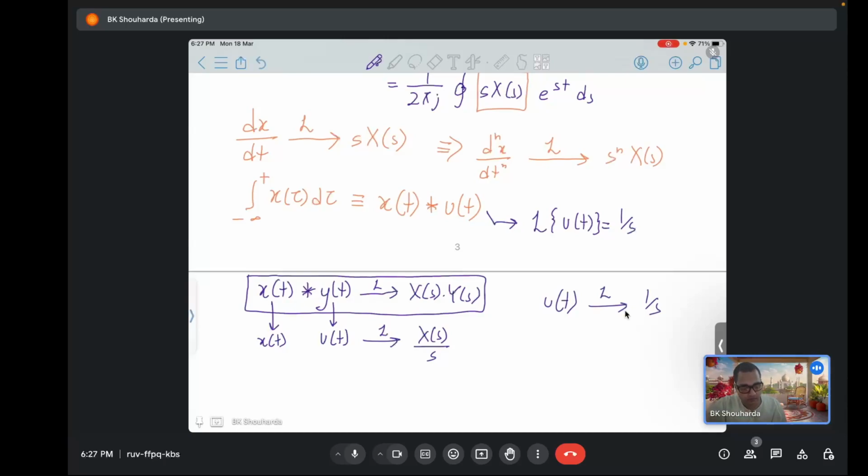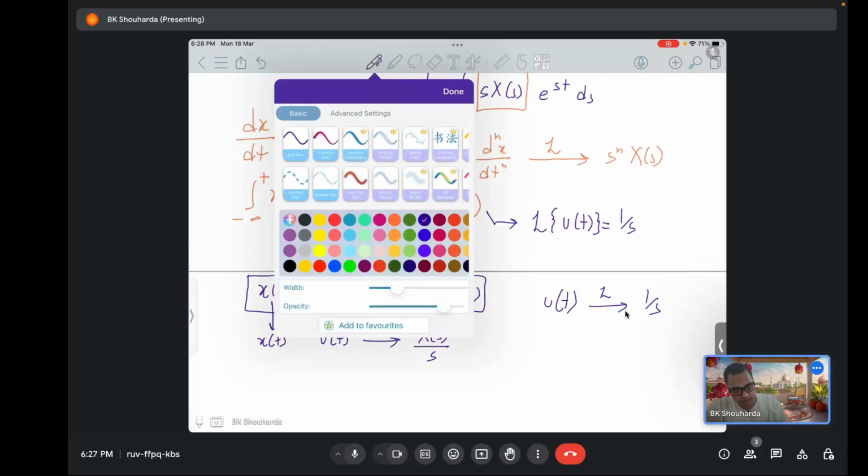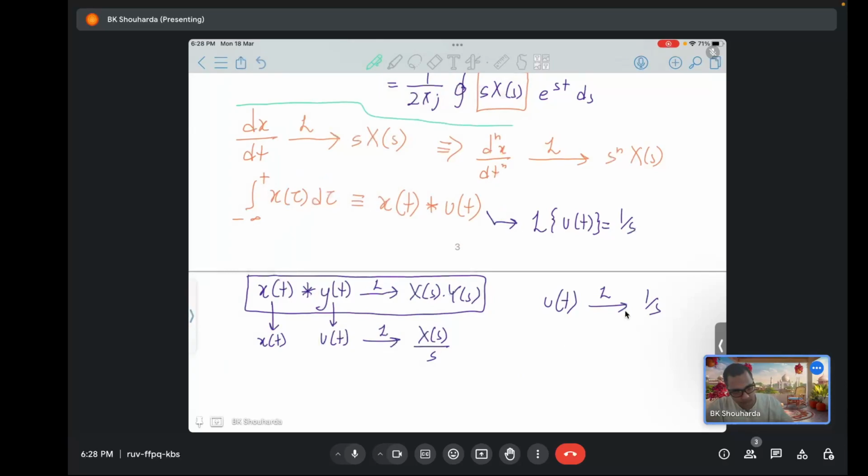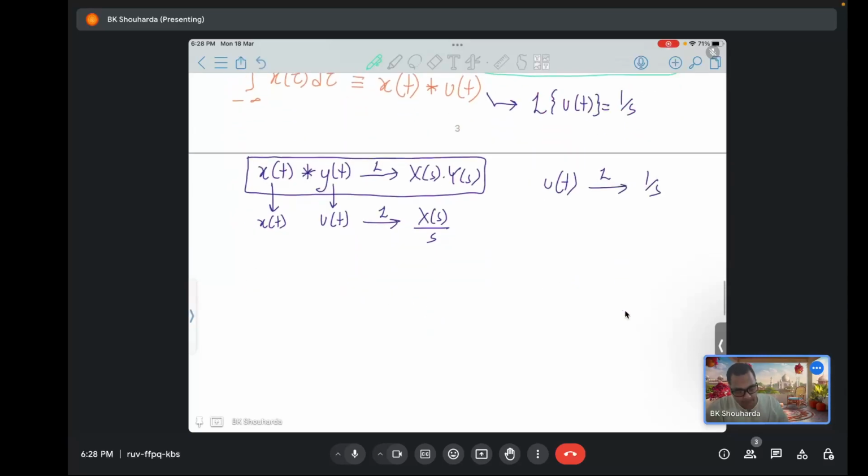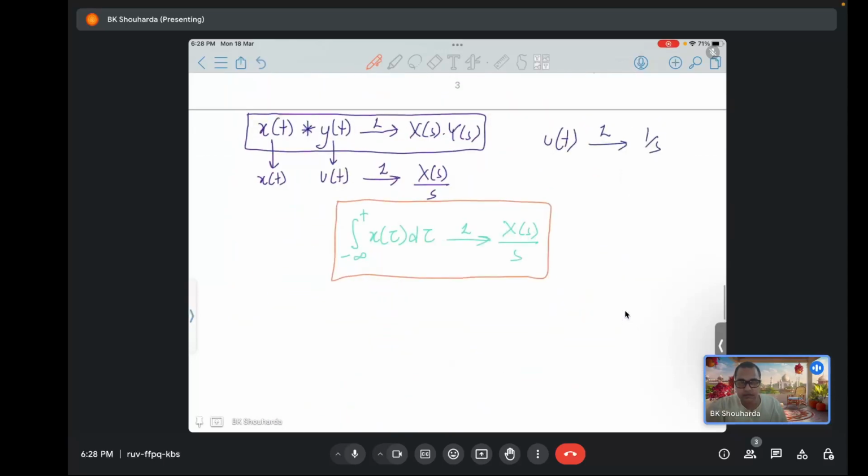So the integral of a signal over time gives a Laplace transform X(s) upon s. So this was the differentiation property and this is the integration property.